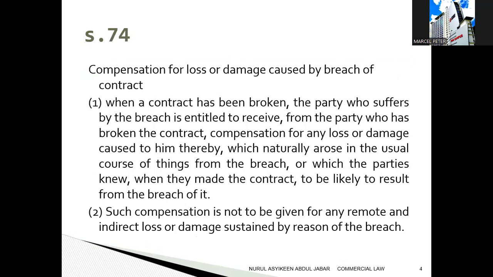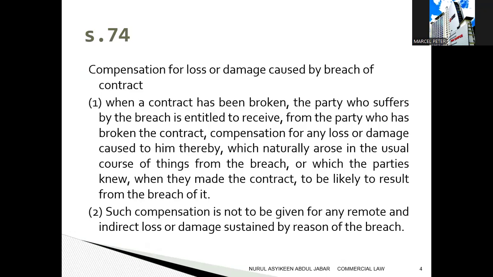So let's look at Section 74, compensation for loss or damage caused by breach of contract. Under Section 74(1), when a contract is broken, the innocent party is entitled to receive compensation from the party who breached the contract.